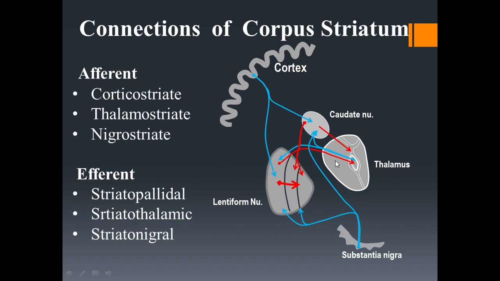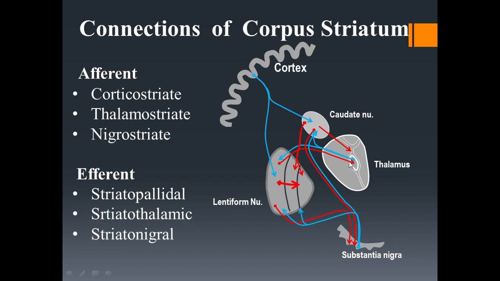And third, striatonigral fibers run from the striatum to the substantia nigra. So afferent fibers are corticostriate, thalamostriate, and nigrostriate fibers, while the efferent fibers are striatopallidal, striatothalamic, and striatonigral fibers.